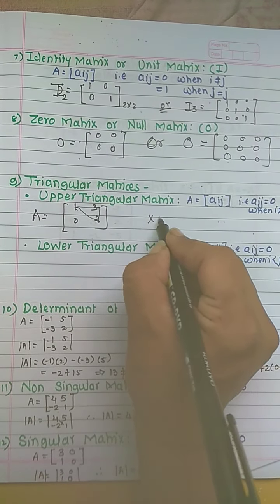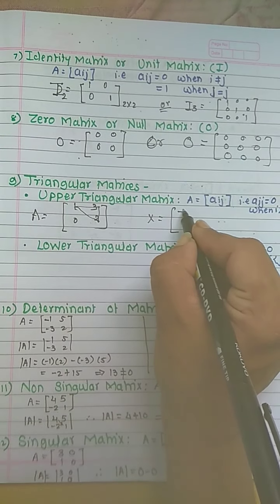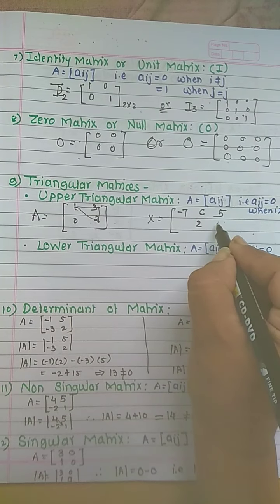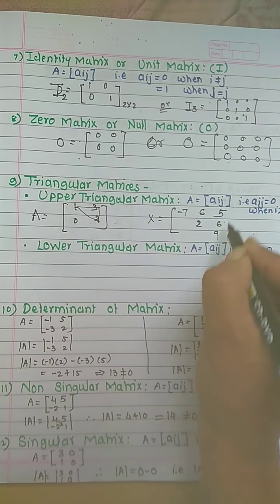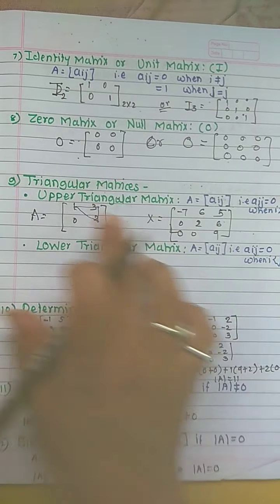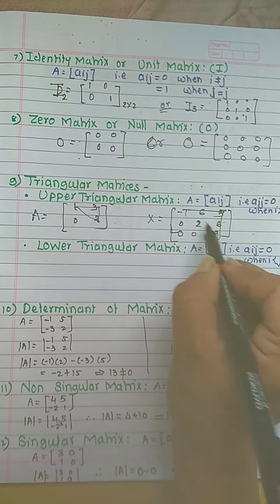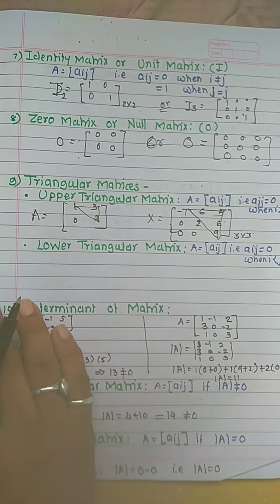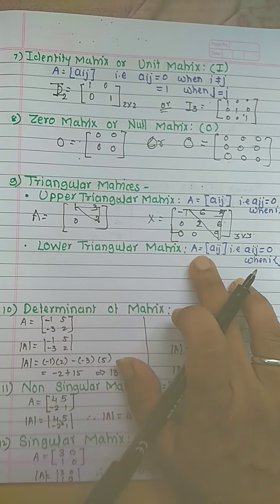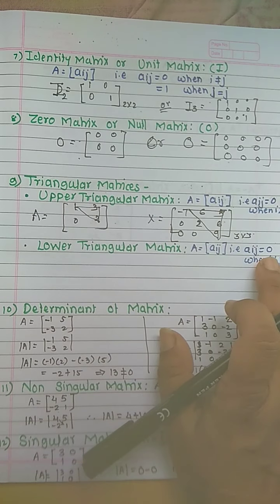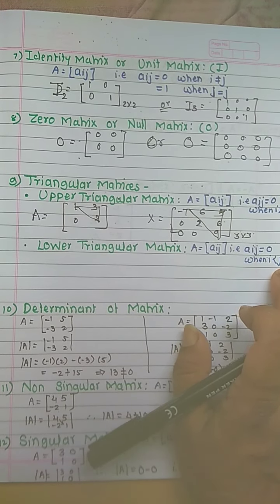Second example, the X matrix contains elements minus 7, 6, 5, 2, 6, 9, and below the diagonal the elements are 0. Therefore, this matrix is also called an upper triangular matrix of order 3 by 3. Lower triangular matrix: a matrix A equal to aij, that is aij equal to 0 when i less than j.